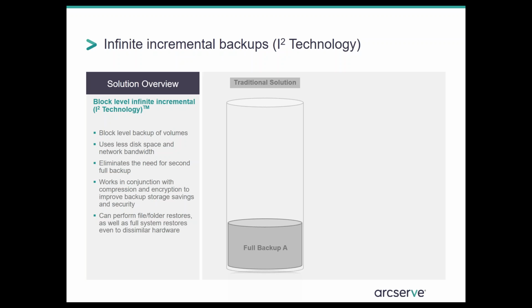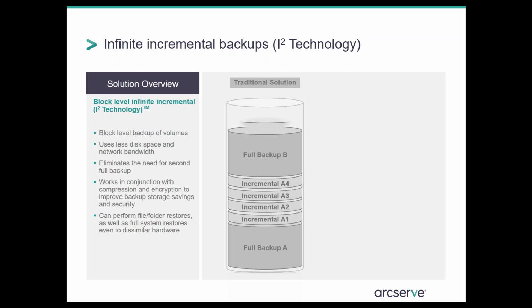We then will take incrementals over the next days. So for example, Monday through Thursday, we might take some incrementals. Then on the next Friday, we'll take another full backup. And then over the next few days, we'll perform incrementals again. So you can see in the regular process, we have a fair bit of disk space being used.